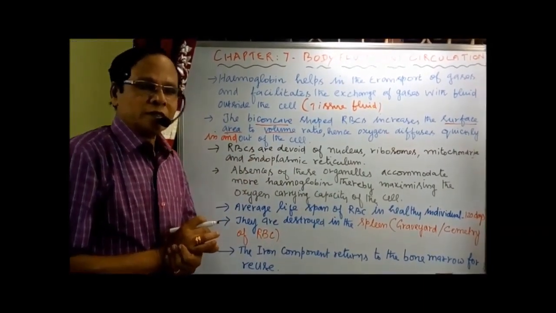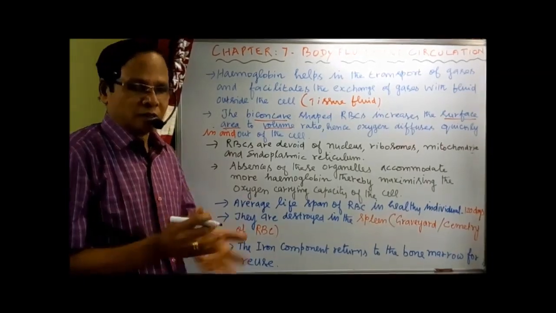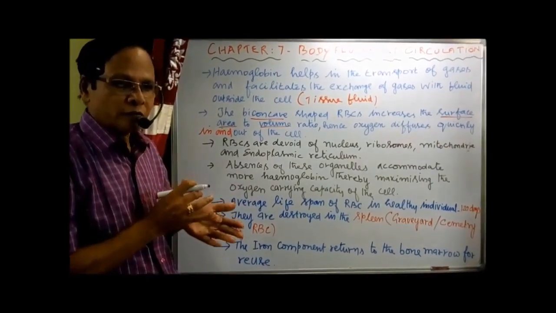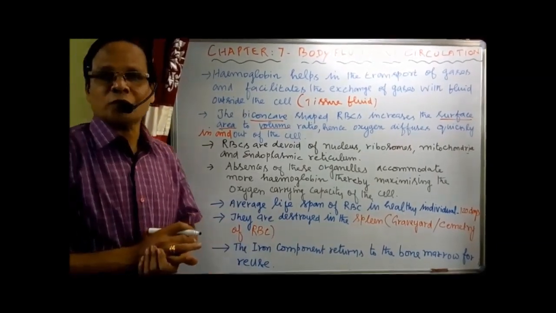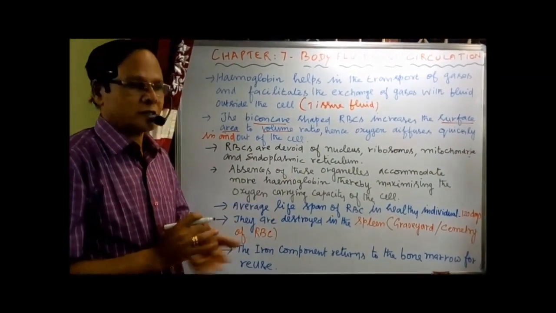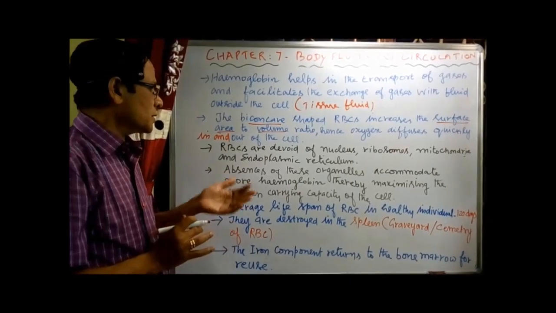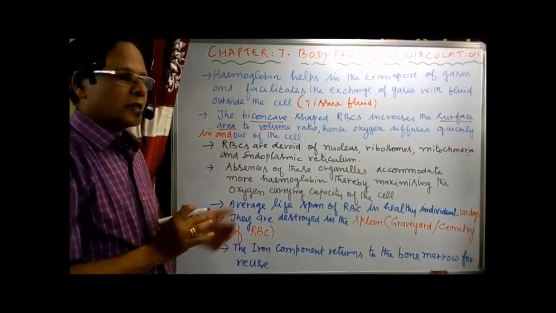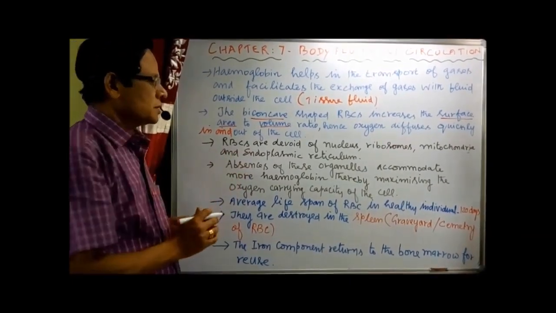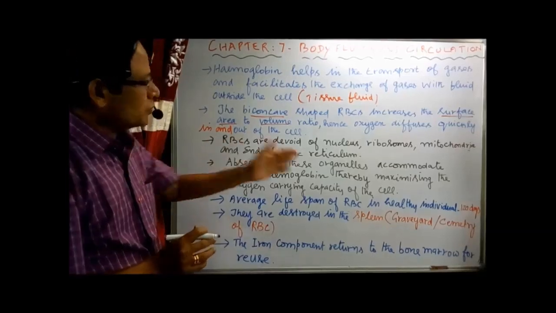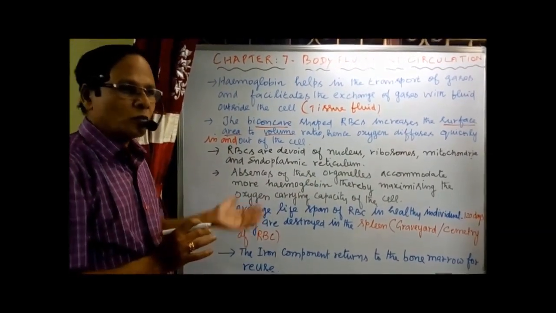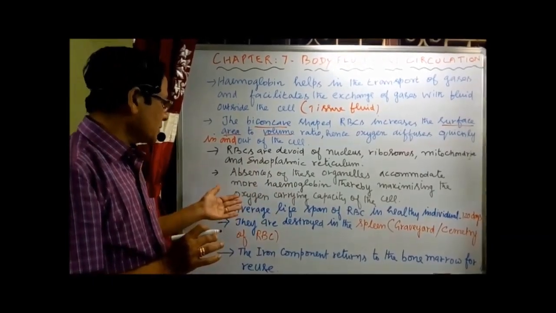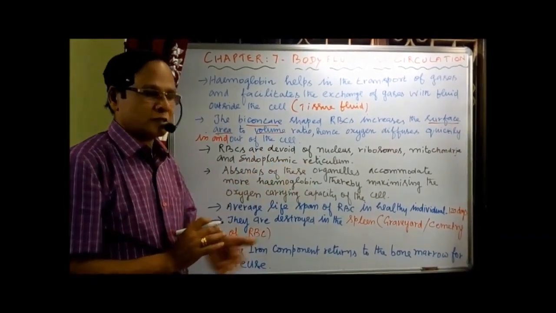Now, the RBC is a cell, but it is without any organelles like nucleus, mitochondria, endoplasmic reticulum, ribosomes, etc. Why are these organelles absent? The absence of these organelles accommodates more hemoglobin, increasing the accumulation of hemoglobin, thereby maximizing the oxygen carrying capacity of the cell.